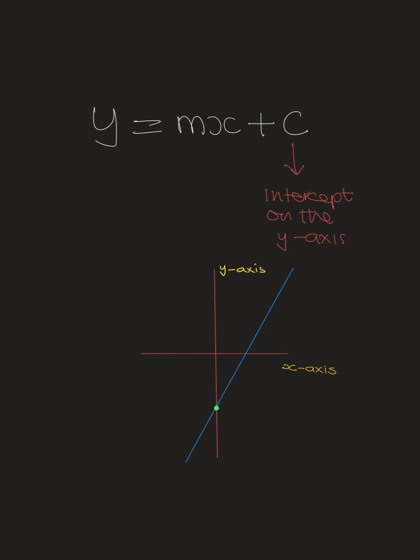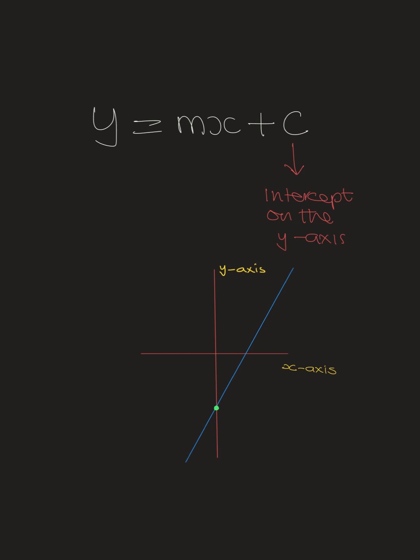Okay, so if you have your graph, the point where the graph cuts the y-axis is what we call the y-intercept. It can be a positive value or a negative value, like in this case here, it is a negative value. So that is called the y-intercept.